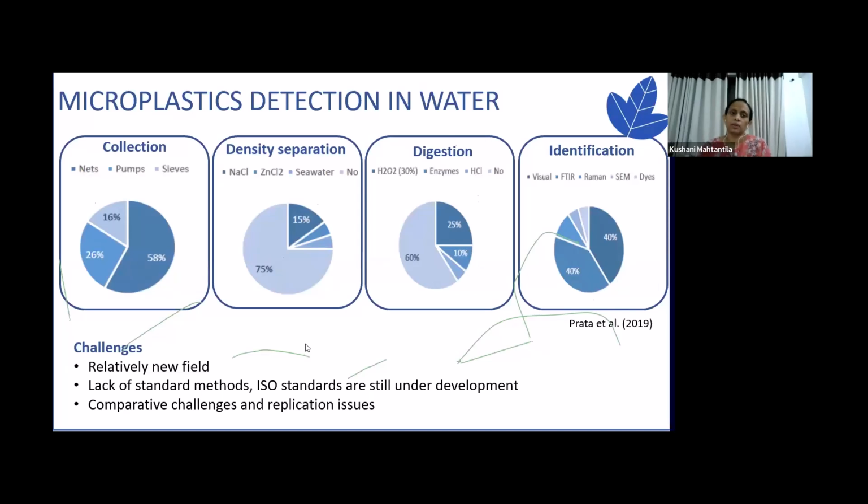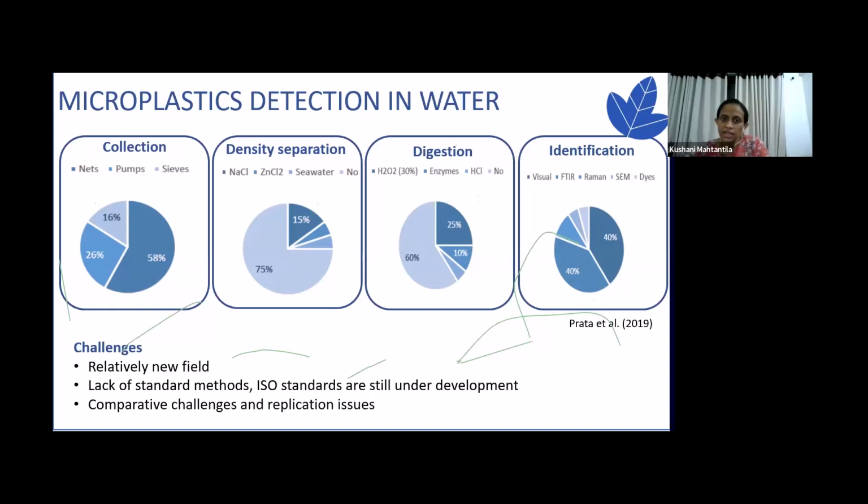So when we talk about the detection techniques of microplastics, the detection is mainly from the collection, sample preparation, and identification of microplastics. When we search the research from early 2019, for the collection of microplastics, nets are mostly used, then pumps, and then sieves. 25% of the studies have used density separation to separate the inorganic particles, but 75% of the research has not used any density separation process.